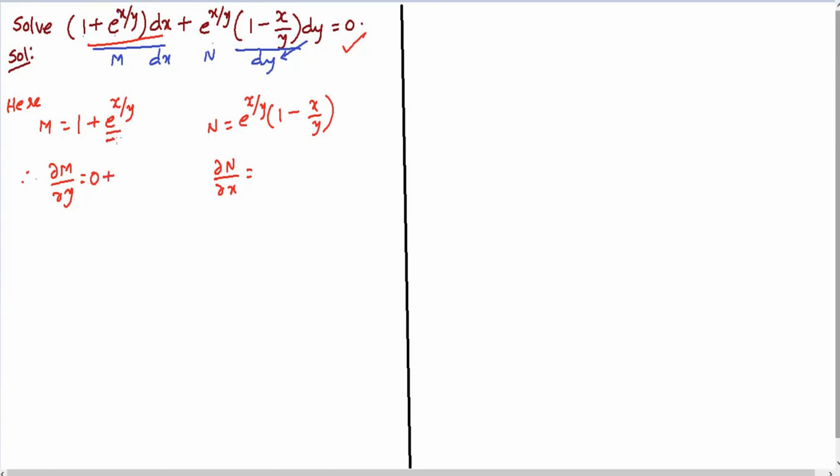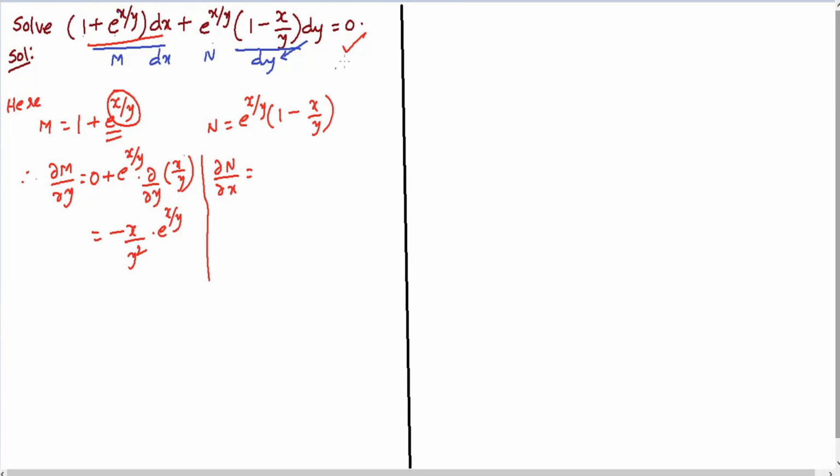Plus the differentiation of the exponential function is itself, so e^(x/y), and you should find the partial derivative of the power, the term x/y with respect to y. Clearly x is constant and the differentiation of 1/y with respect to y is −1/y². That's why finally you will get −(x/y²) e^(x/y).